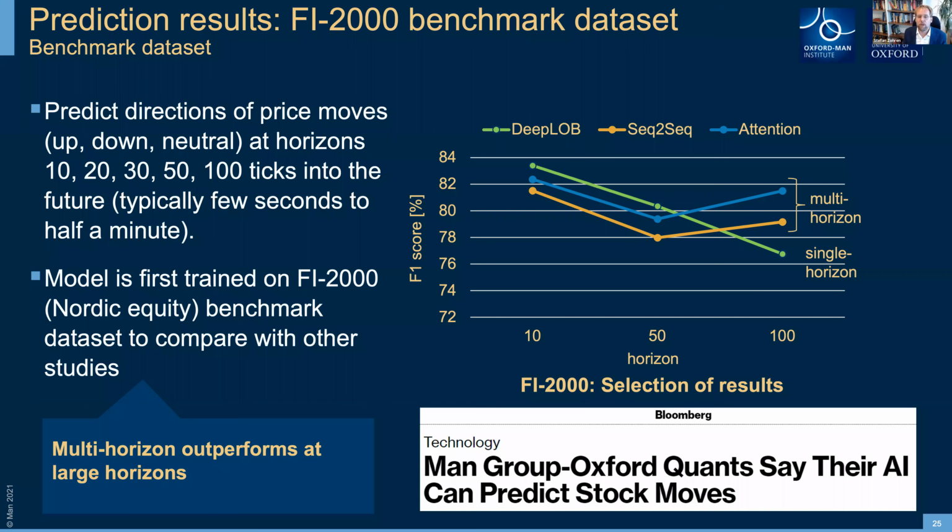So the single horizon model is slightly better, but the other ones compare similarly. But as we increase the horizon, eventually the single horizon model performs worse than the multi-horizon models. And generally we expect this to go down. Here it goes slightly up, but this is probably to do with issues with the FI 2000 data set.